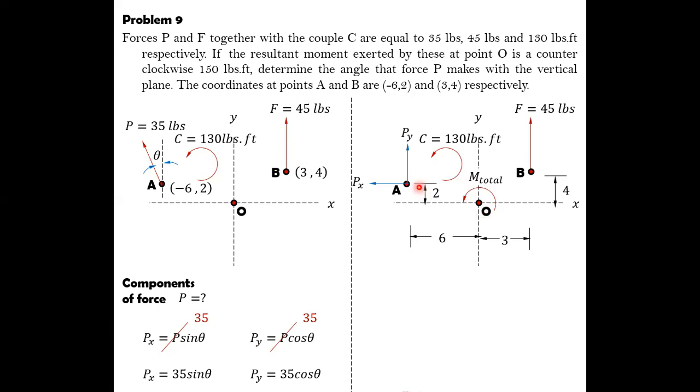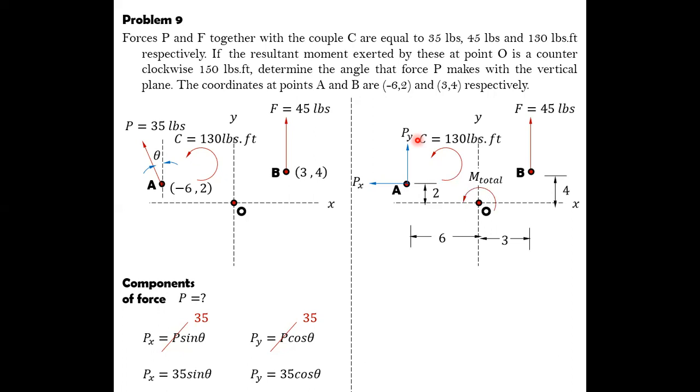If we take the total moment about point A, we will not get 150 pounds feet, because the total moment is not a couple. Only the couple is a moment that is independent of any point of rotation. I hope that I am clear regarding this important concept about couple.